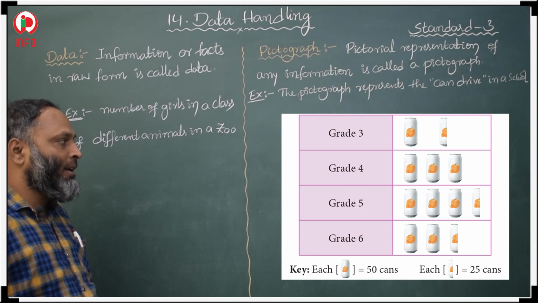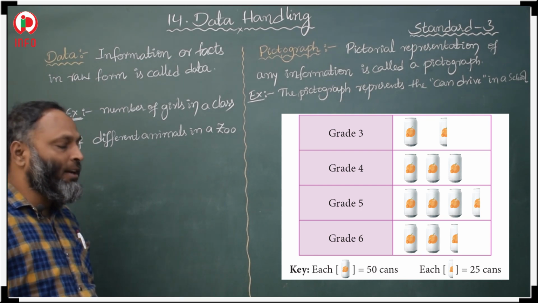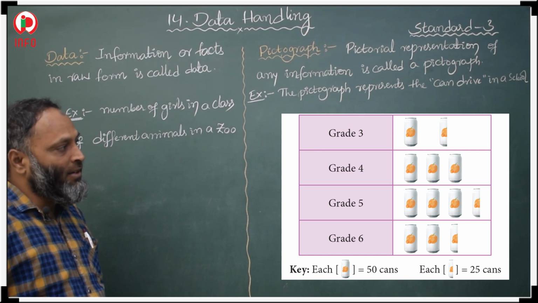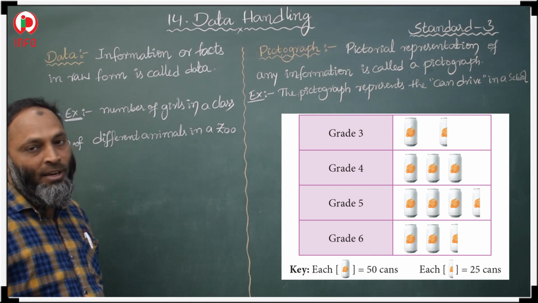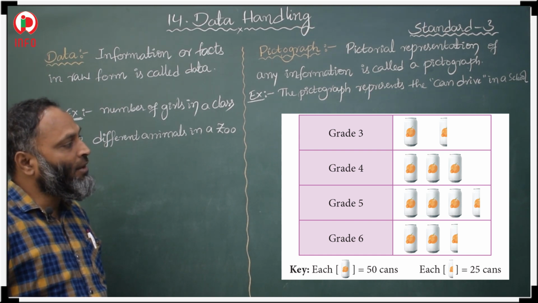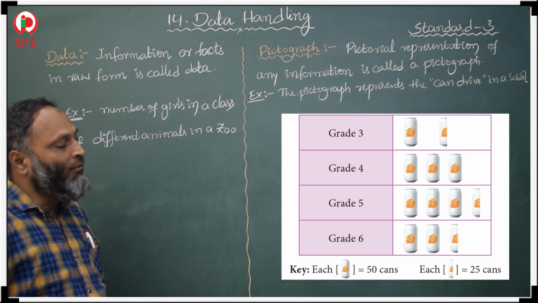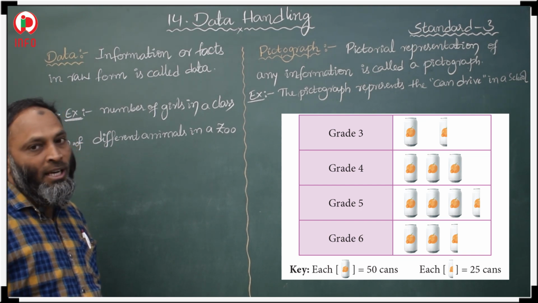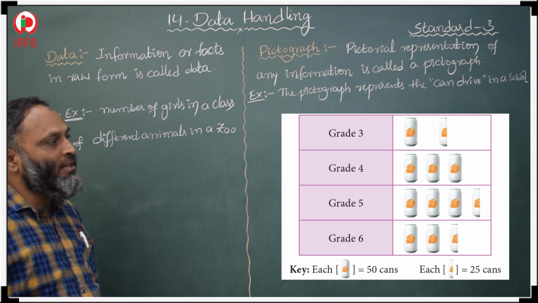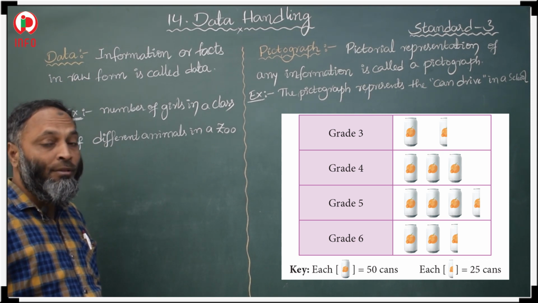In grade 5, 3 and a half cans are given. 3 cans means 150 and half can means 25. 150 plus 25 is 175 cans needed for grade 5.